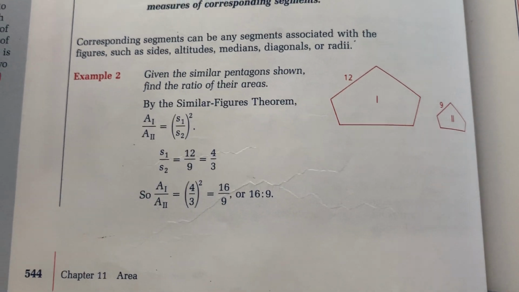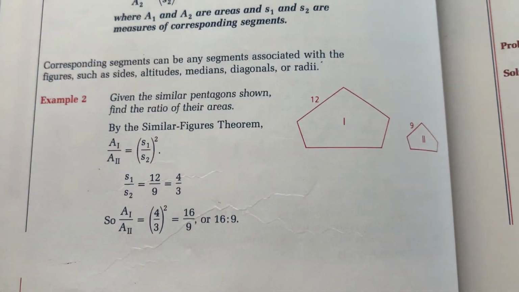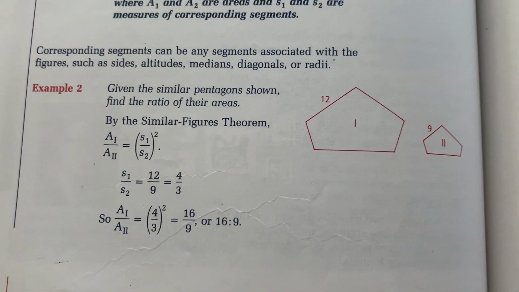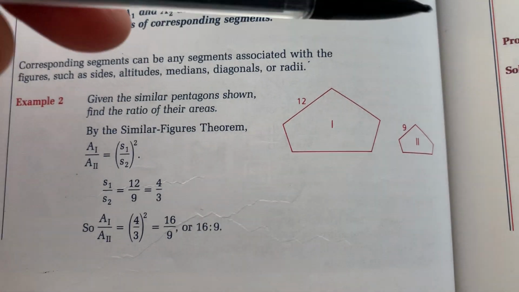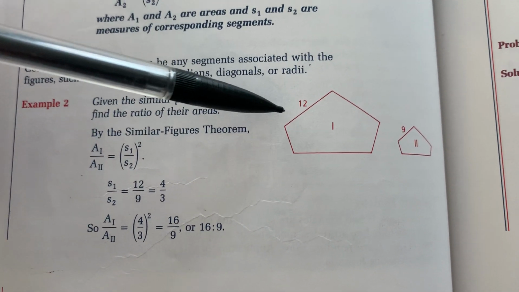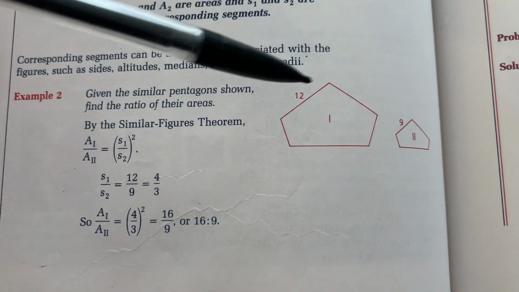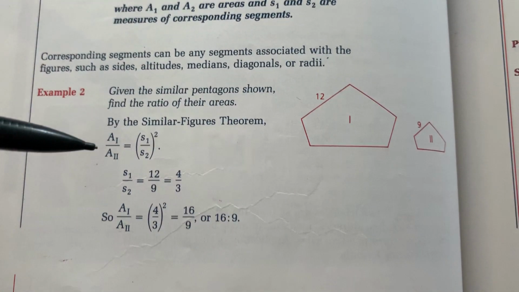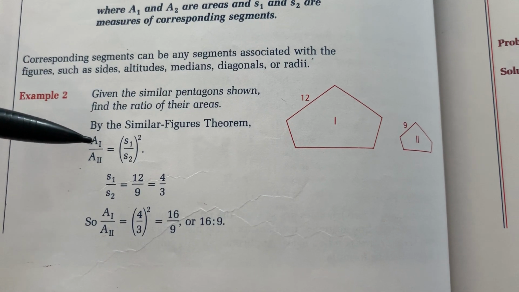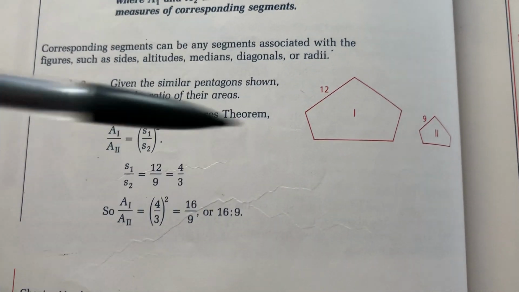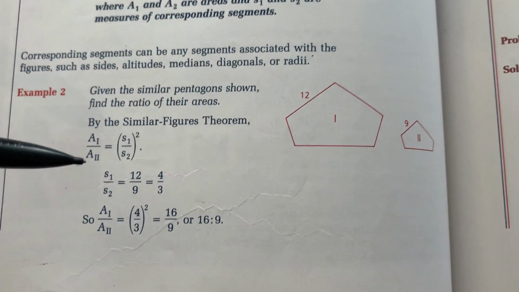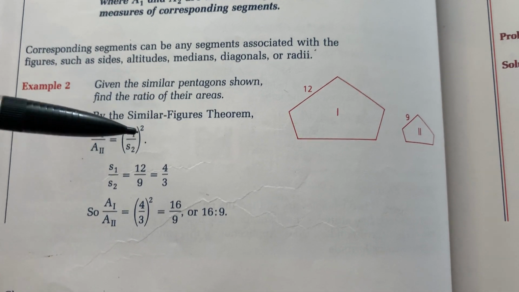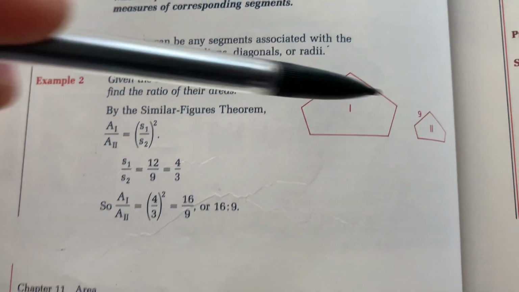Well, suppose you have similar pentagons. If they're similar, then the ratio of their areas has a relationship with the ratio of their corresponding sides. And so we could find the ratio of area 1 over area 2 by just finding the square of the ratio of any corresponding side.